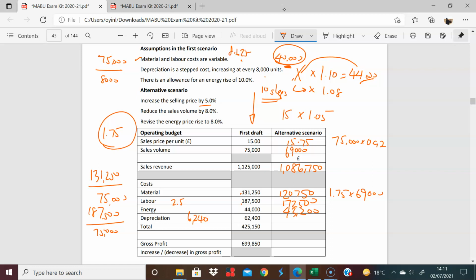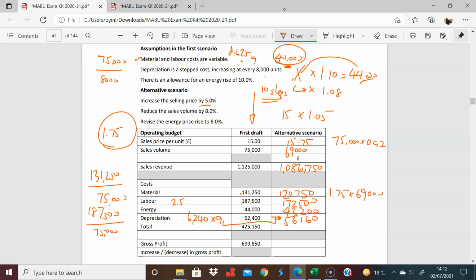So I round up again, and that's 9 steps. I don't have 10 steps anymore. I have 9 steps. So I now multiply this by 9, and 6,240 times 9 takes me to 56,160. That's the important thing.